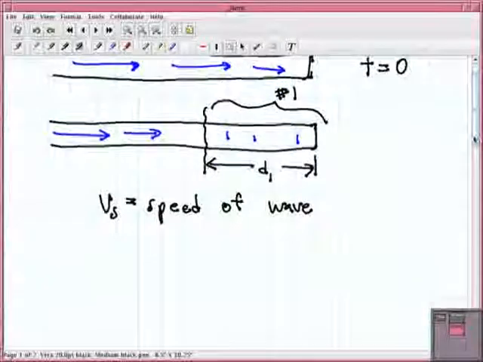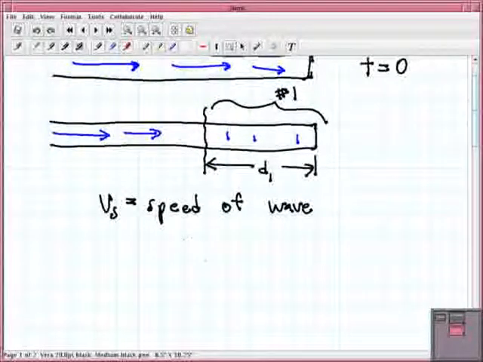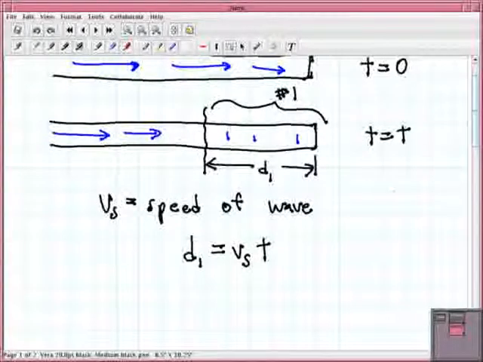And the distance d1 is going to be equal to the velocity of the wave, Vs, times the time t, and we'll just call this t equals t, the time it took for the wave to move through this distance d1. So t times Vs is d1.